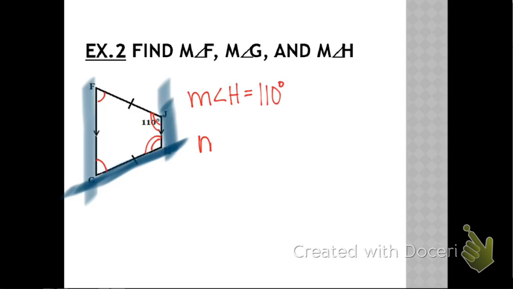So that means the measure of angle G has to be 70 degrees. And the measure of angle F is the same as angle G, so it is also 70 degrees. Easy enough. Again, only true for the base angles to be congruent when it's isosceles. All right, let's keep it going.